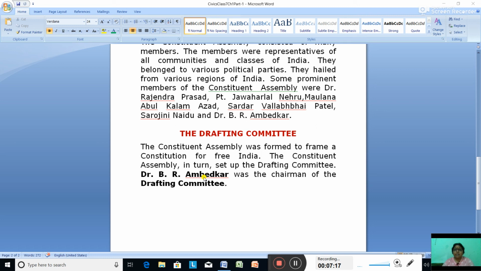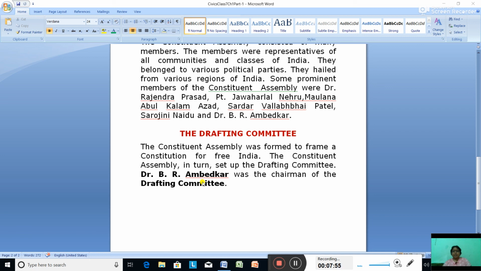The Constituent Assembly passed the constitution, and it took 2 years, 11 months, and 17 days to prepare it. Originally, when the constitution was adopted, it had 395 articles and 8 schedules.